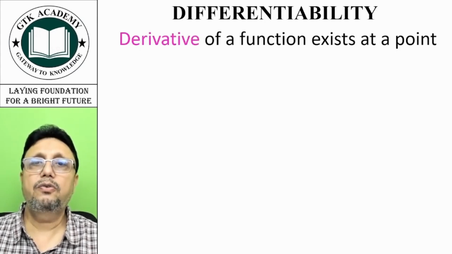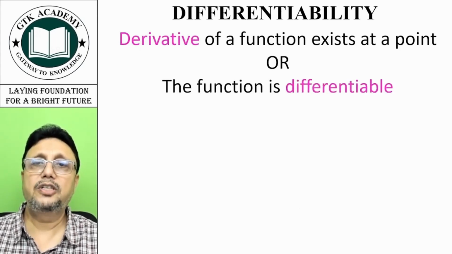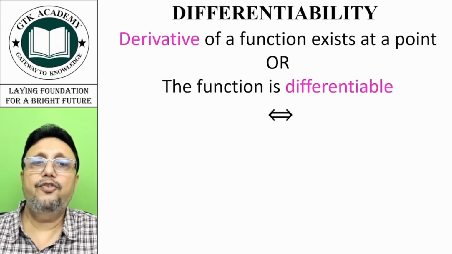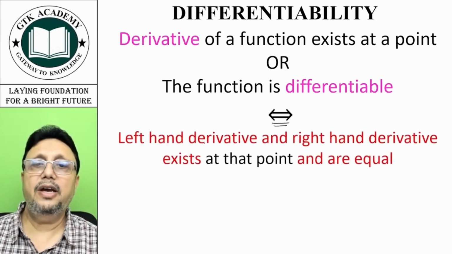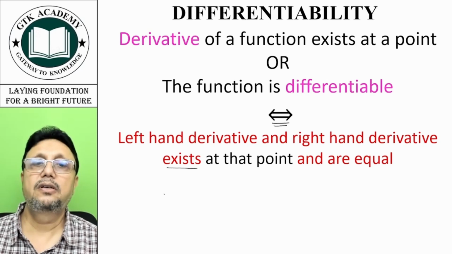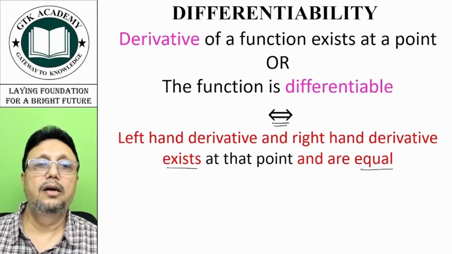So the derivative for a function exists, or the function is differentiable. They are the same thing, two ways of saying the same thing. If and only if, this symbol means if and only if, the left hand derivative and right hand derivative exist and are equal.